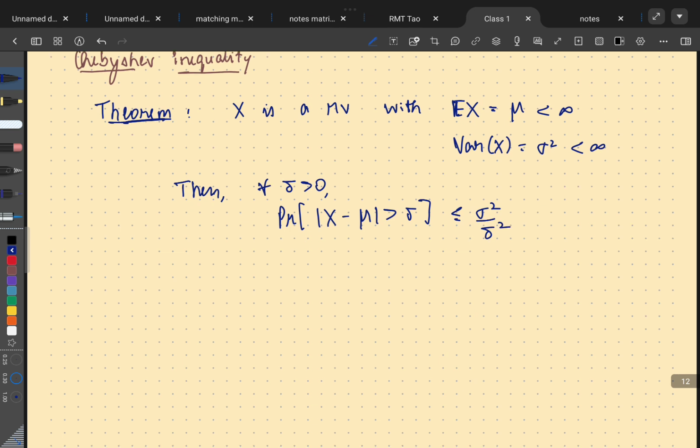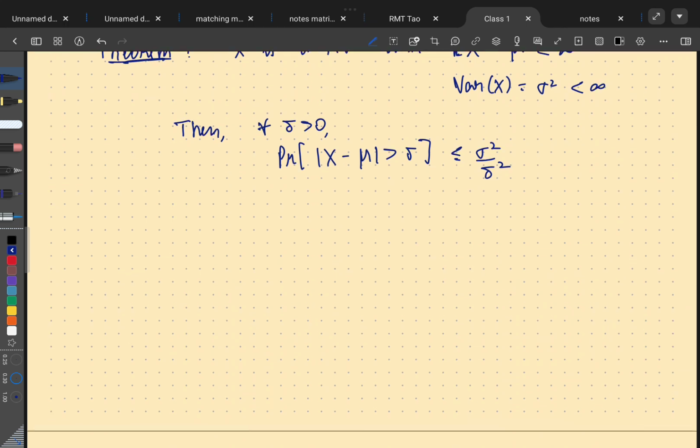It's also useful to think about these bounds. These are what we call tail bounds, so it's good to keep a picture in mind. Let's say I have some random variable with some PDF, this is my f_X(x), and this is my mean mu.